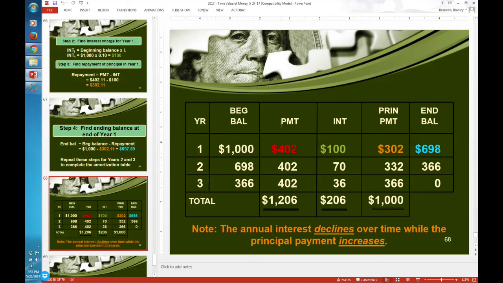So at the end, for a $1,000 note over 3 years at 10%, I end up making $1,206 in total payments, $206 in interest to repay that $1,000 principal. And again, you can do this for a car payment over, let's say, 48 months, 60 months, whatever the case may be. You can do it over a 360-month mortgage.